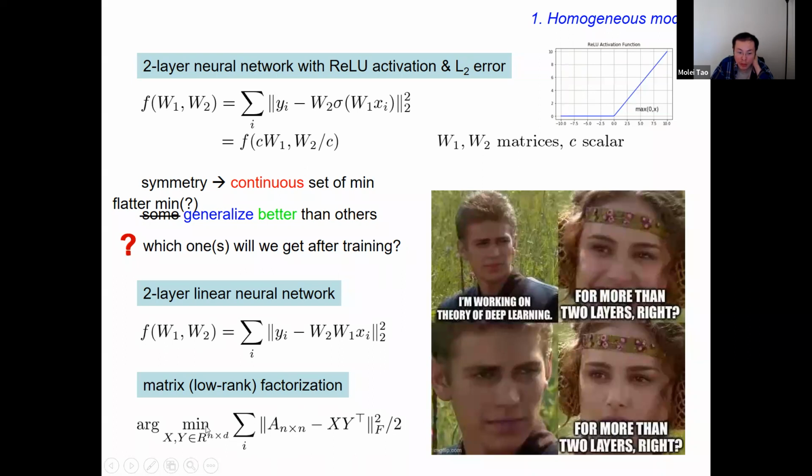One way to solve this problem is to look for n by D matrices X and Y, such that you use X and Y to approximate A. So you basically minimize the discrepancy, the approximation error. And in fact, these last two problems are almost the same. They are both easier than a two-layer neural network. And I will focus on matrix factorization in this talk.